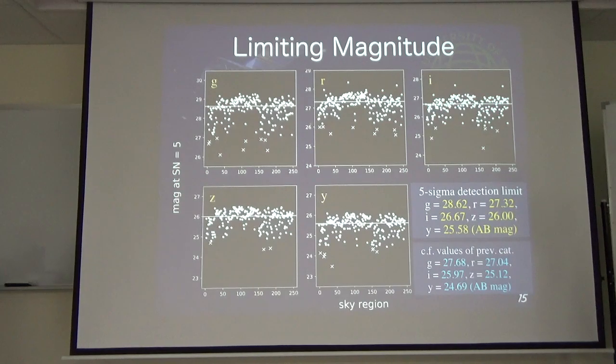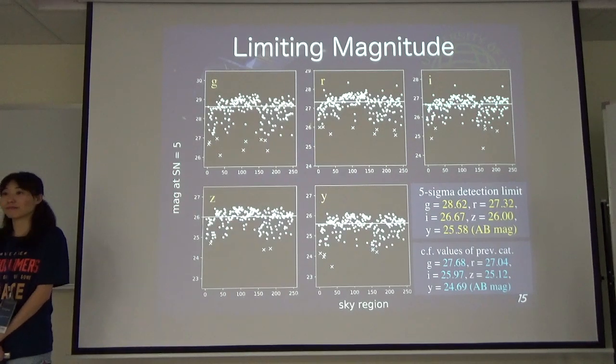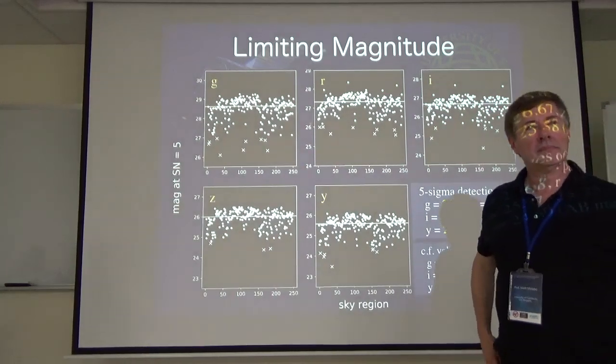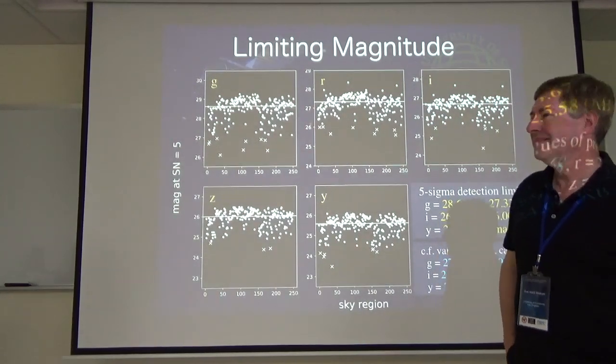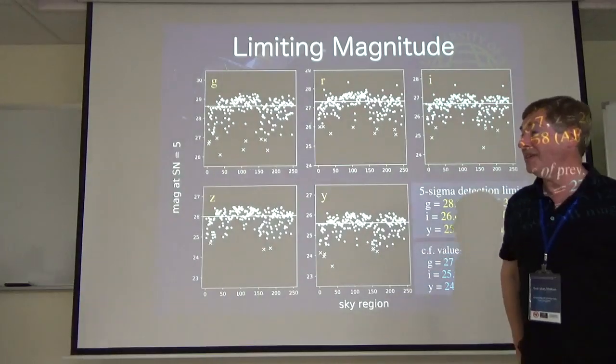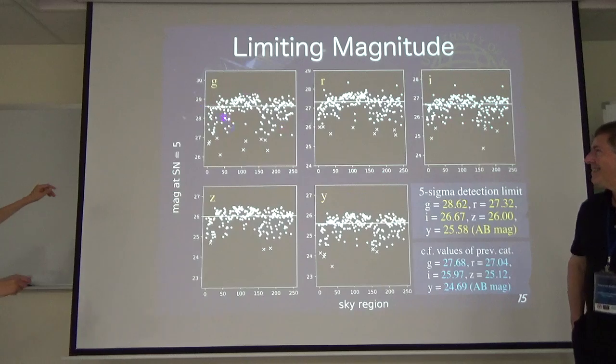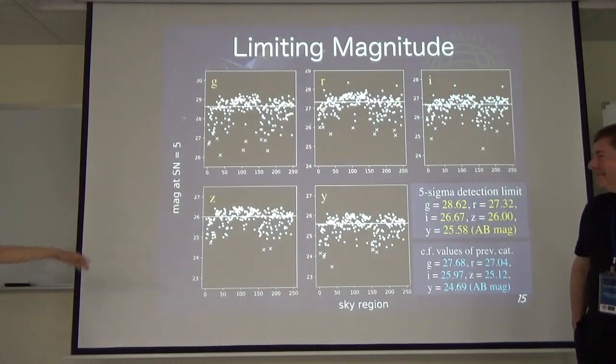Sometimes. So if I want to choose one band for the following studies, probably the G band is the best thing to play with. The seeing is really nice, and the limiting magnitude is much deeper than the other bands. But, well, I don't know. This is the problem.